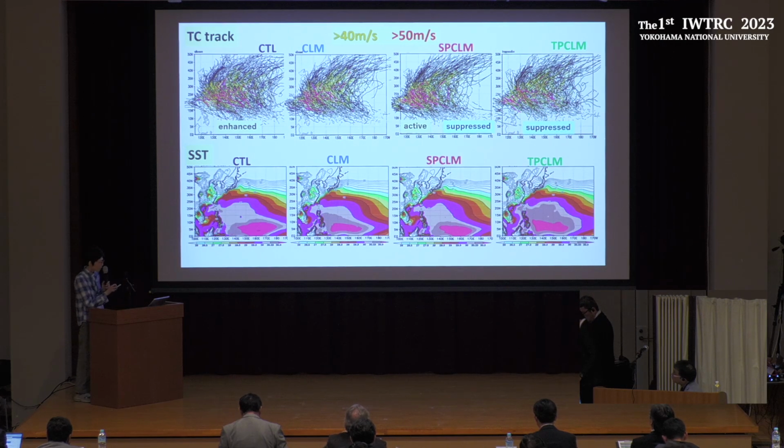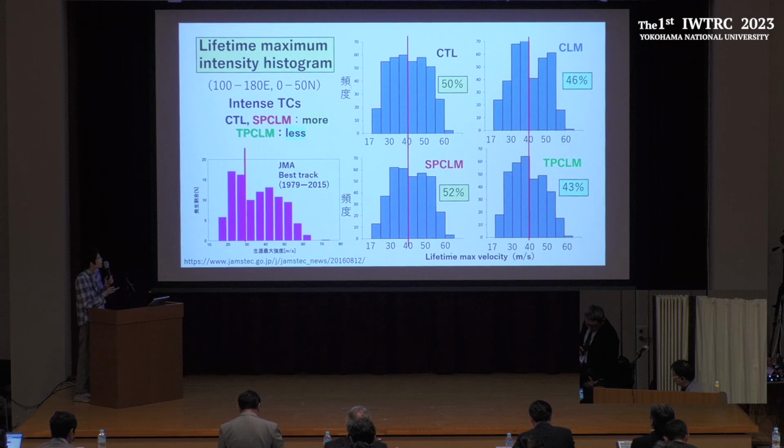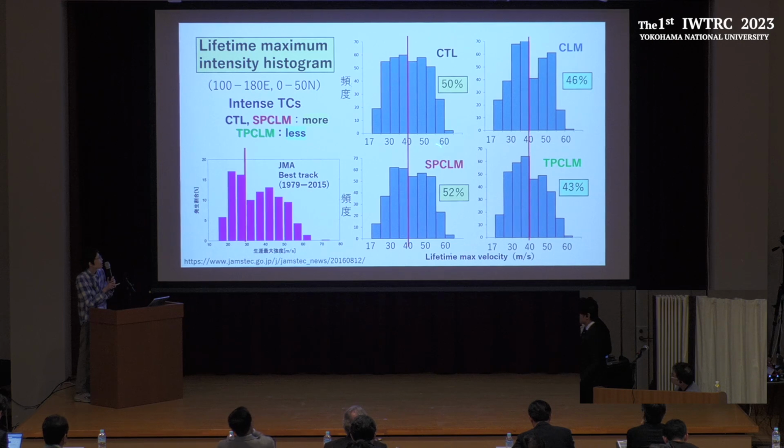Then, this plot is the histogram of the lifetime maximum intensity frequency. As we expect from this plot, with the tropical warm sea surface temperature anomaly, the frequency of relatively strong tropical cyclones is larger.